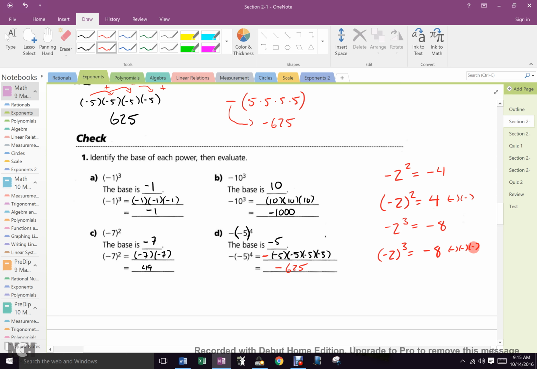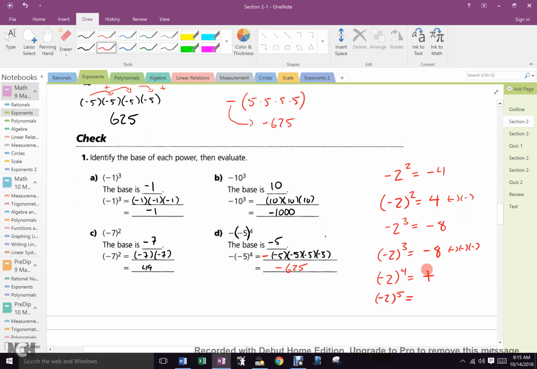So let me ask you this. What would negative 2 to the 4th be? Positive or negative? Positive. Why? Because it's negative, negative, negative, negative, right? 2 negatives make a positive, 2 negatives make a positive. So what would negative 2 to the 5th be? Negative 2 squared was positive. Negative 2 cubed was negative.